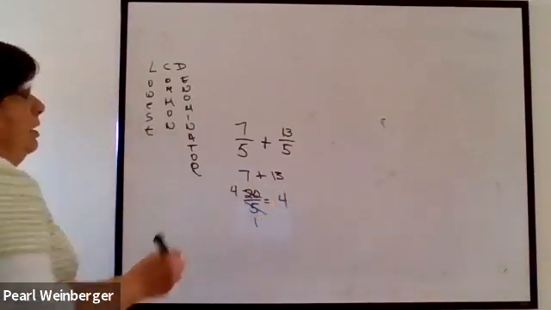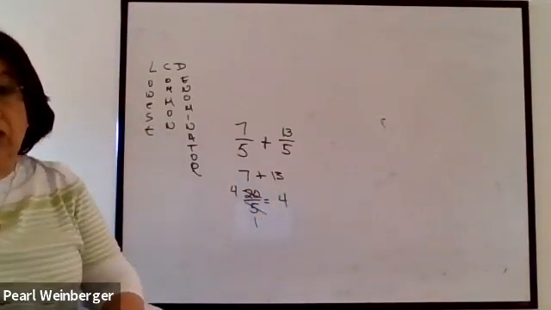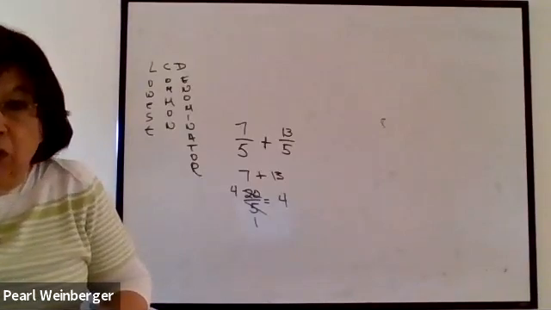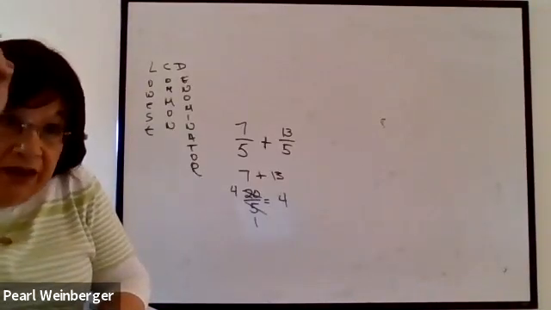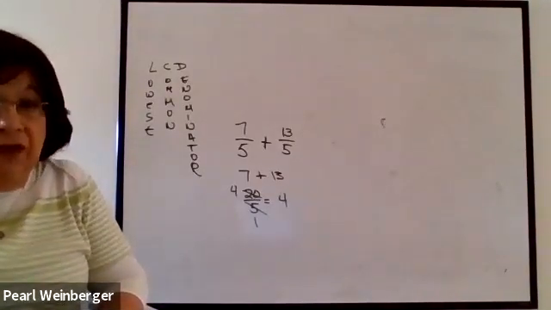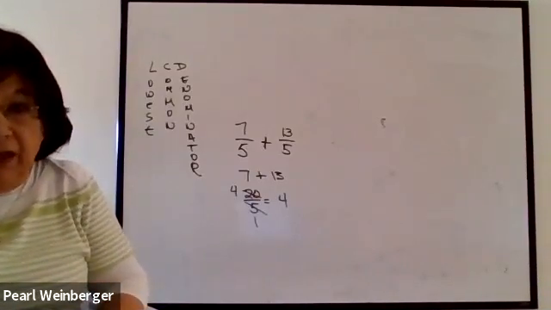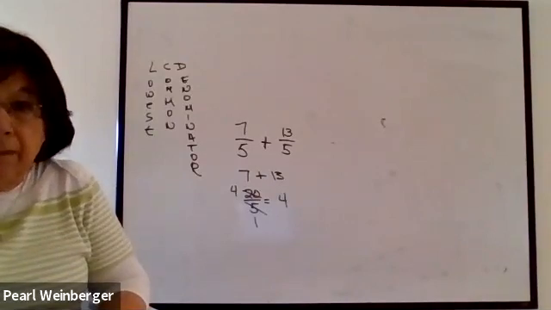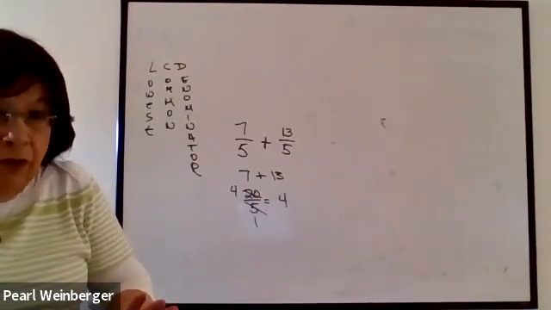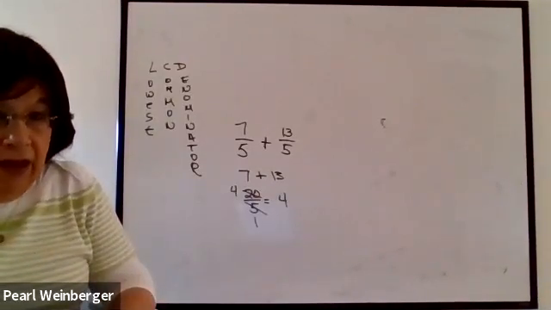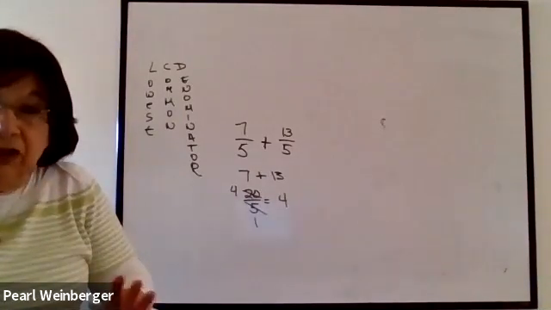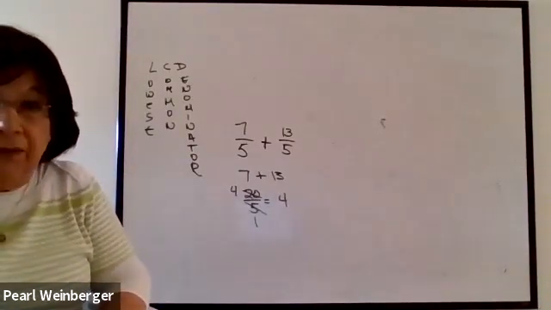Remember, when the 1 is in the denominator, you could just write the number without it. If the 1 is on top, you have to put it in. If it's on the bottom, you can just leave it out, because 4/1 and 4 mean the same thing. So that's how we add or subtract fractions that have the same denominator.